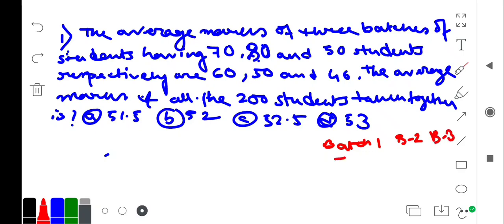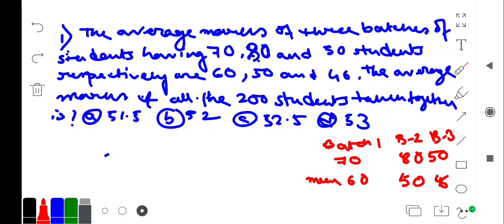Okay, there should be 70 students who have the mean 60, 80 students who have the mean 50, and 50 students who have the mean 46. Okay. So, what is the average marks of 200 students?